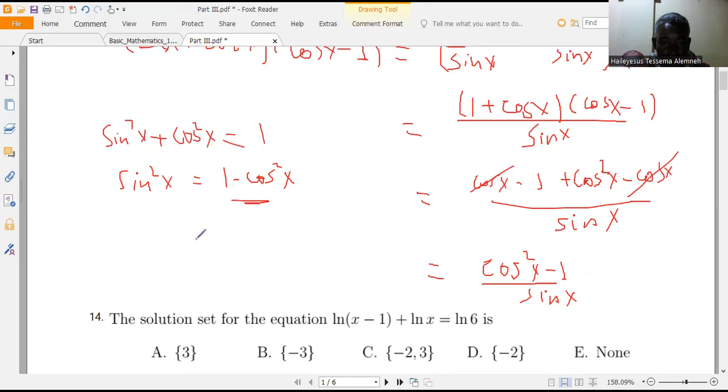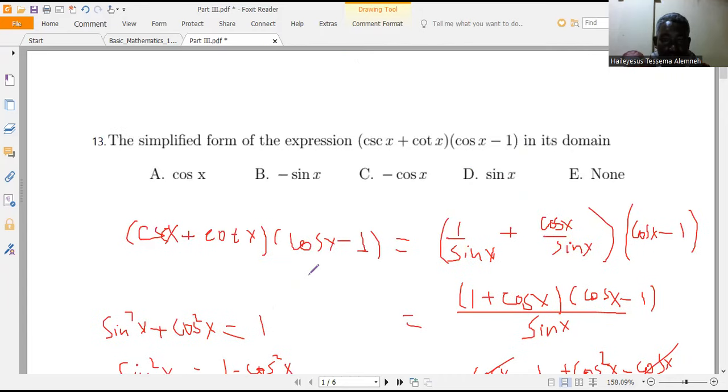Therefore, we get minus sine square x over sine x. Cancelling sine by sine, what's left is minus sine x. Therefore, the simplified form is minus sine x, which is alternative B from the choices.